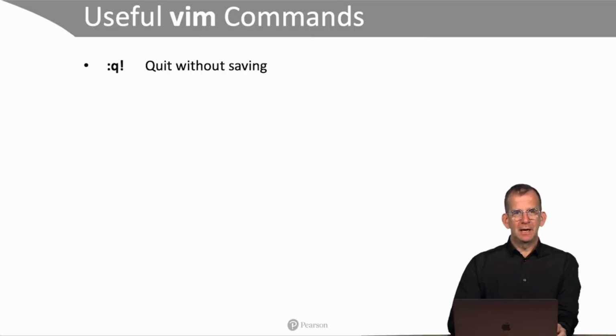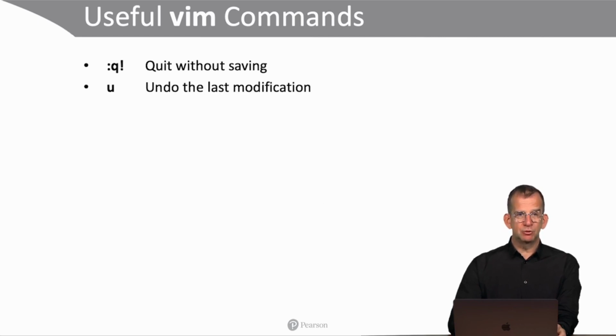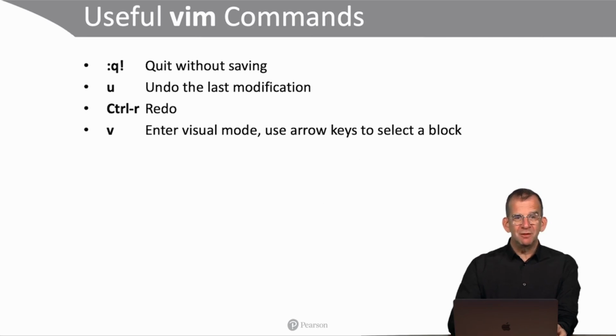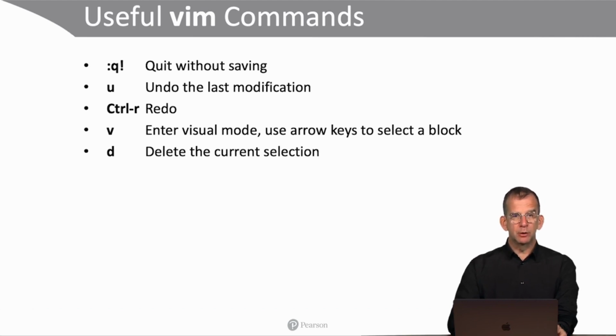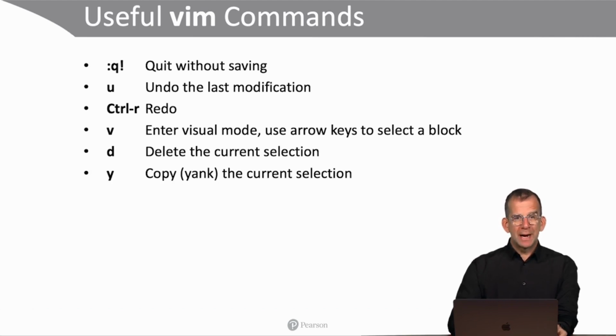So to summarize what you can do with Vi, I created a couple of slides which are for reference only with the most useful commands. So here are the slides. So here we have the commands q for quit without saving, u for undo, Ctrl-R for redo, v is entering visual mode, and you can use arrow keys to select a block, kind of useful, because on that block you can use d to delete or y to copy or yank the current selection.